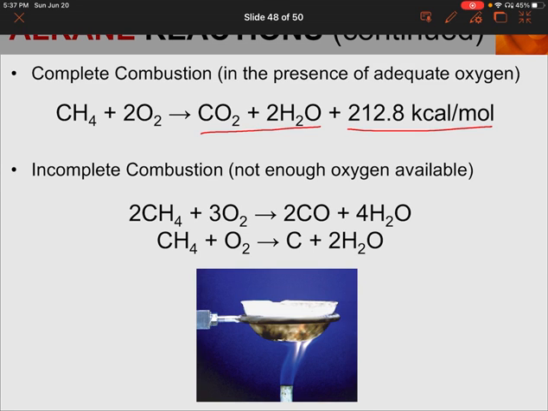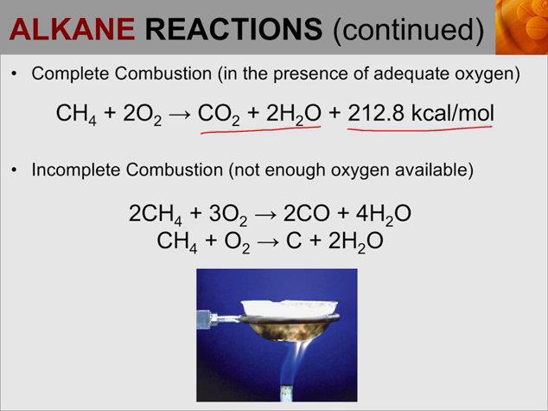Now, typically we assume that we have an excess of oxygen available for these reactions. But if maybe you don't have enough oxygen available, then the reaction changes slightly. And you might actually end up producing carbon as one of your products. But don't worry too much about incomplete combustion.